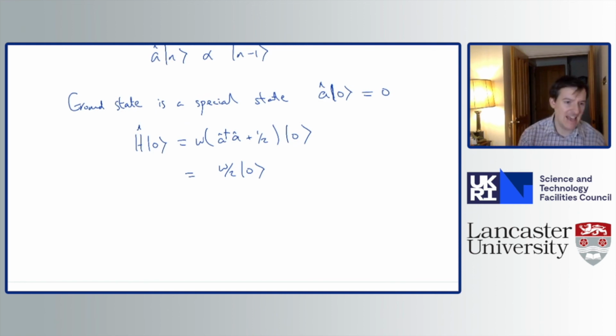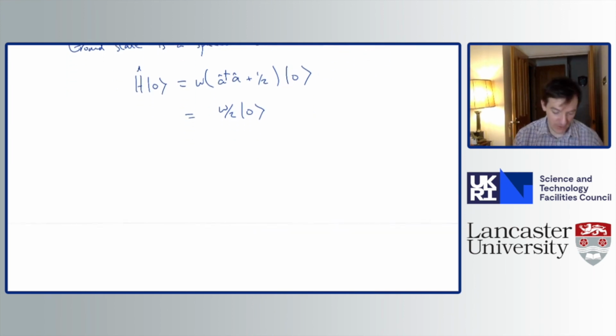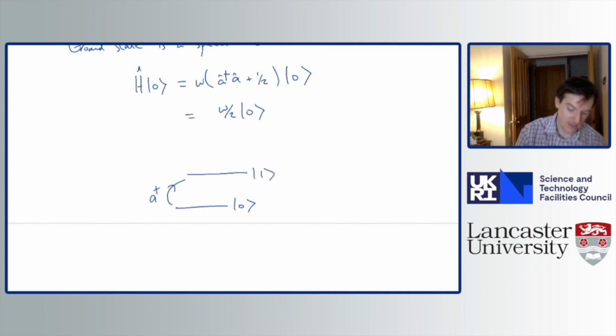But the nice thing about these A's and these A daggers is that they allow us to construct any states that we want. By acting with A and A dagger, we can create a tower of states. If I have the ground state, I can go up to the next available state using A dagger. The next available state I would call 1. I can go up to the next state with another A dagger, giving me 2, and so on.